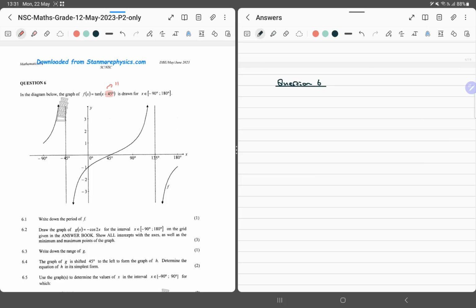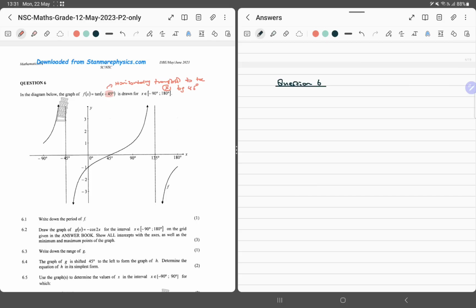So this graph has been horizontally translated to the right by 45 degrees. So that means a standard tan graph is shifted horizontally to the right by 45 units. So whatever was supposed to happen at a particular point will happen 45 degrees later.